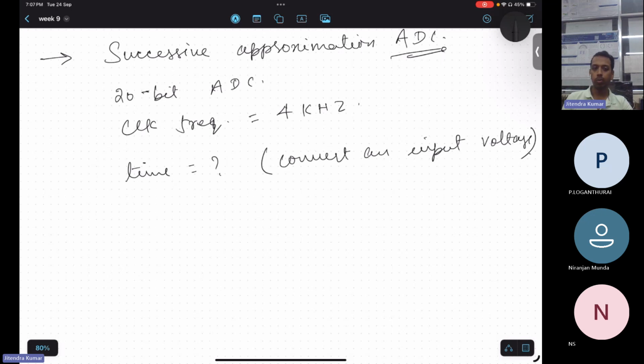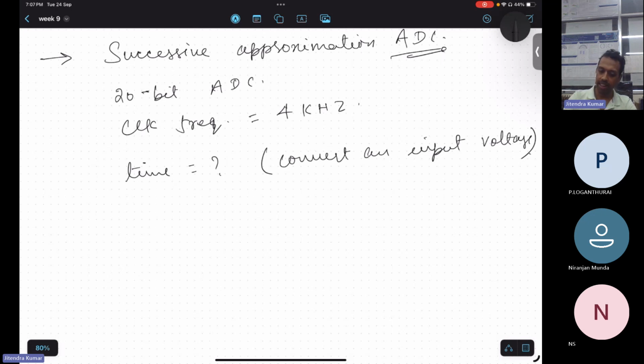Let us suppose any input voltage V in is going to be measured with this successive approximation type of ADC. How much time will be required? So let us go step by step. First, calculate how many cycles will be required for conversion. 20 cycles.